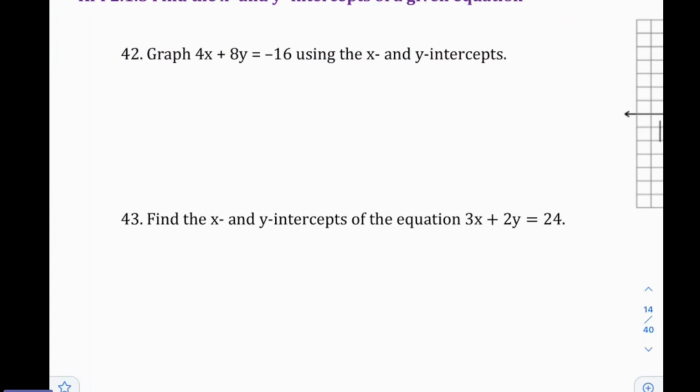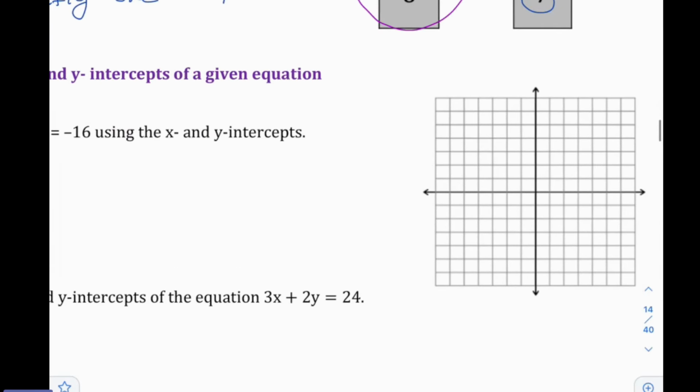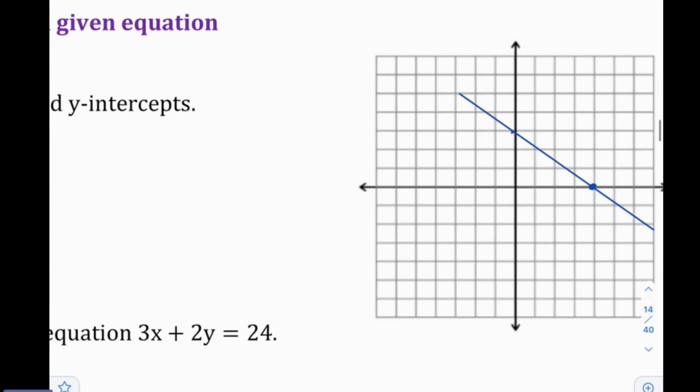Now, let's go to something else, which is the x-intercept and y-intercept. What is the x-intercept? The x-intercept is where the line crosses the x-axis. For example, if I draw a line like this that passes through these points, this is the point of intersection between the line and the x-axis.